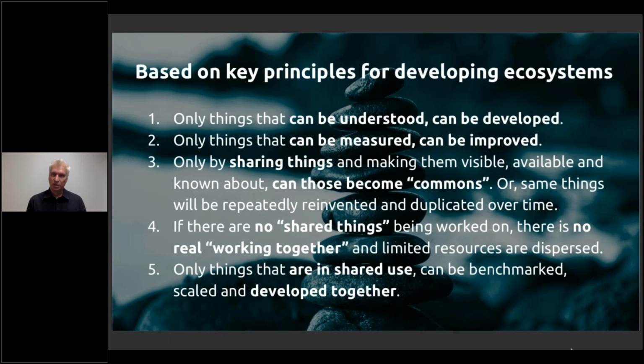Only things that can be measured can be improved, so KPIs, key performance indicators, and aligning those are very important. And then only by sharing things and making those visible is there an opportunity for co-development to actually come to life and become commons, but only if those shared things are actually being worked on together.